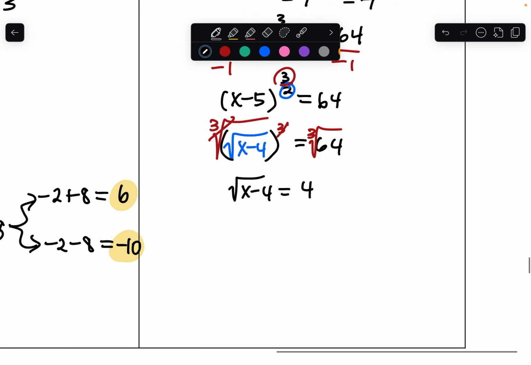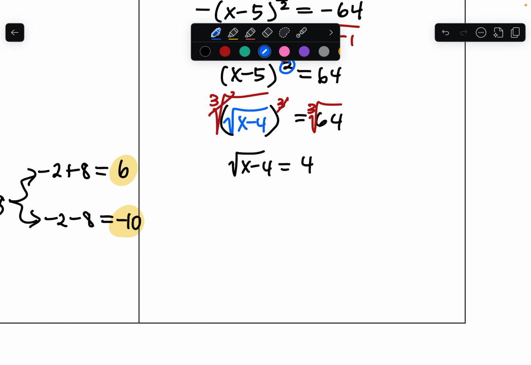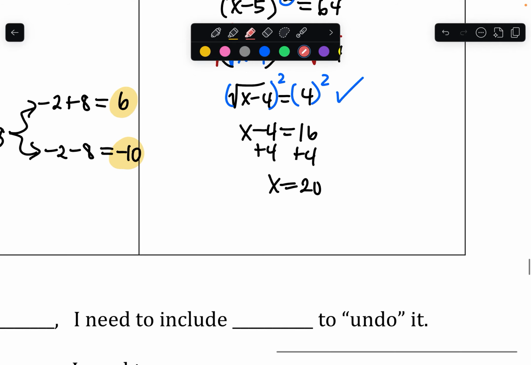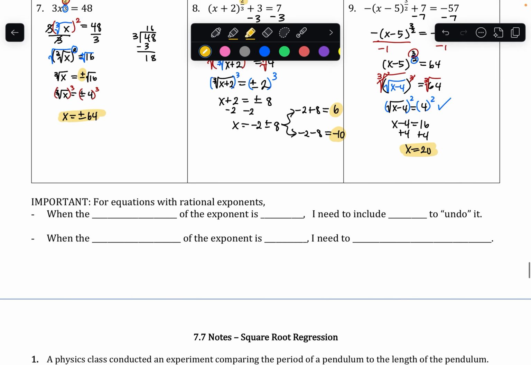So just 4. And now I have positive square root equal to a positive number, so we can keep going and square both sides. So x minus 4 equals 16. Add 4 to both sides. X equals 20.